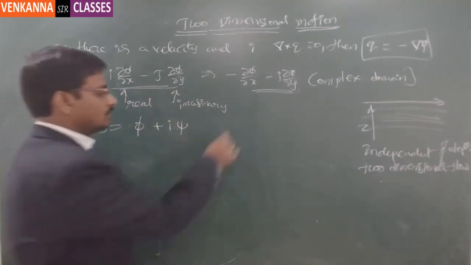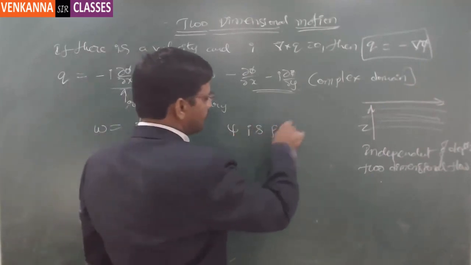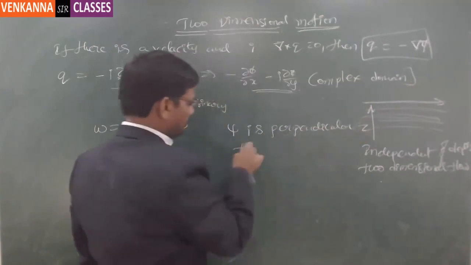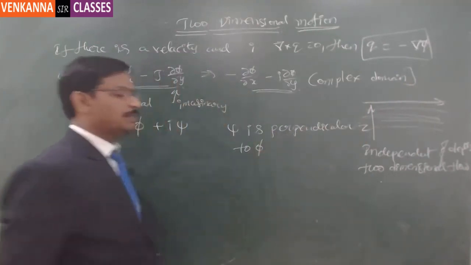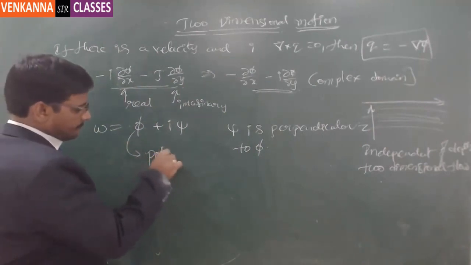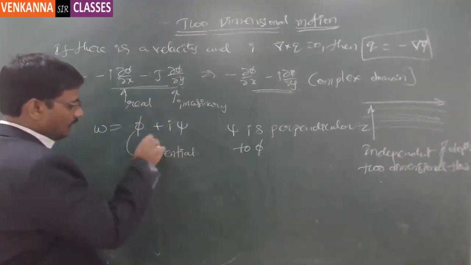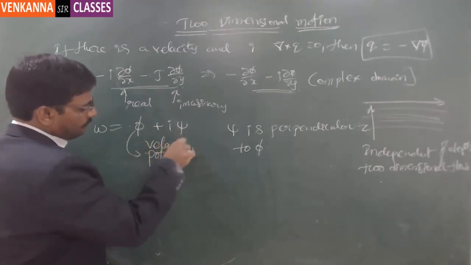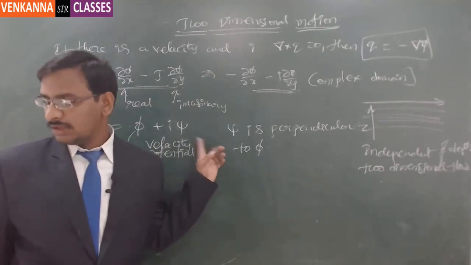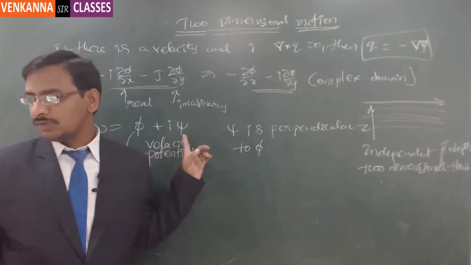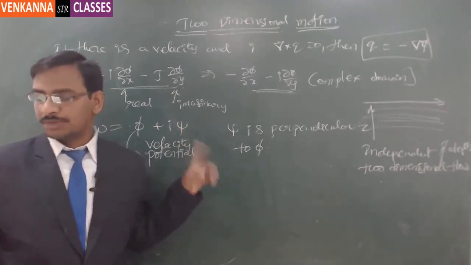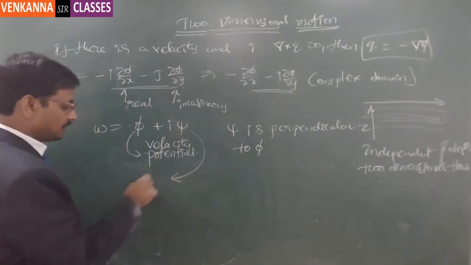So psi is perpendicular to phi, and phi is what we call the potential or velocity potential. If there is a velocity potential, obviously there will be a flow, right? And this flow we call the potential flow, and the direction of this potential flow is represented with the help of the stream function.